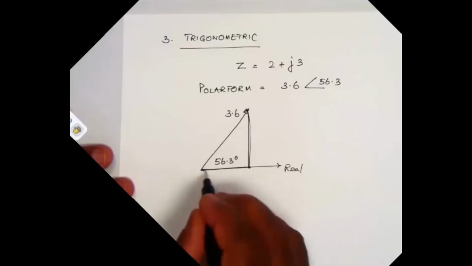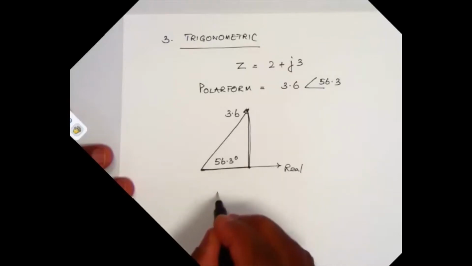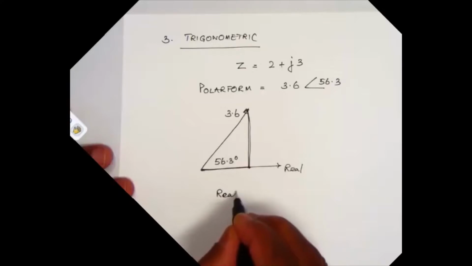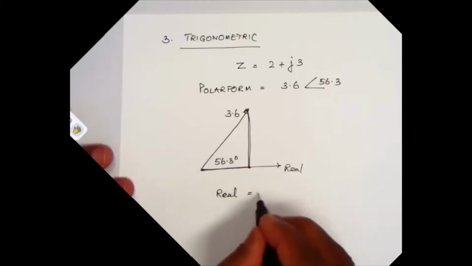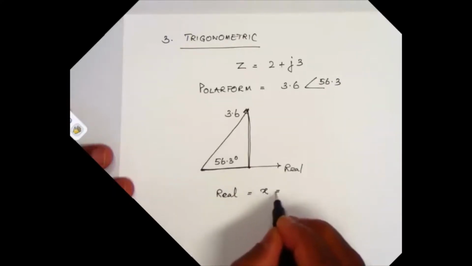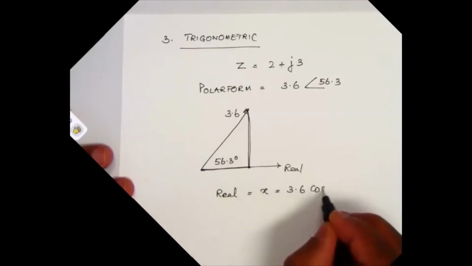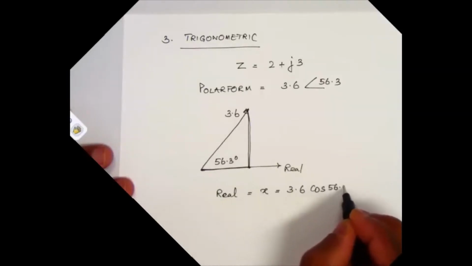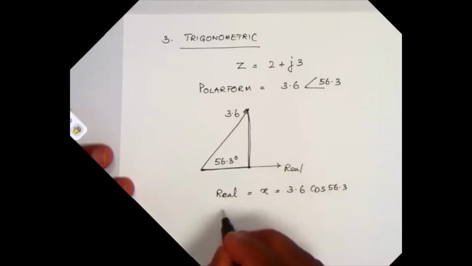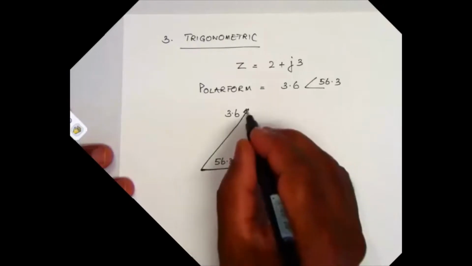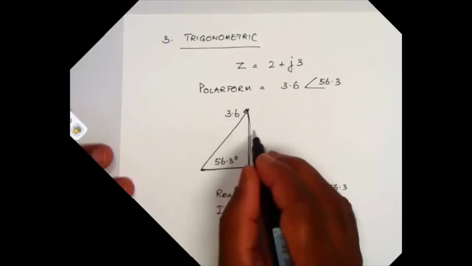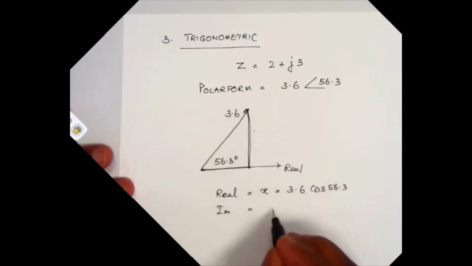Now this real part, if you say that is equal to x, x is equal to 3.6 cos 56.3, and the imaginary part, that is this, will be 3.6 sine 56.3.